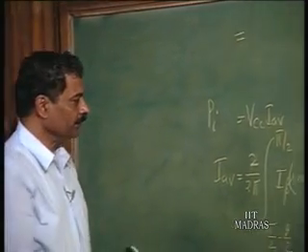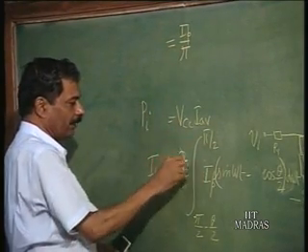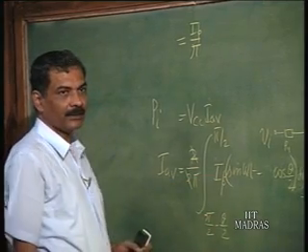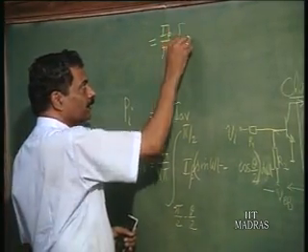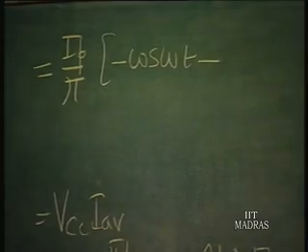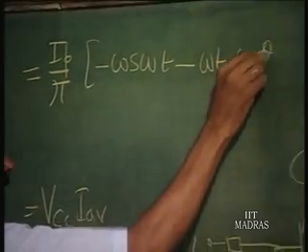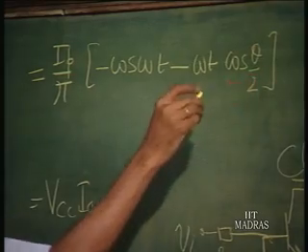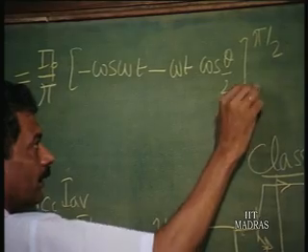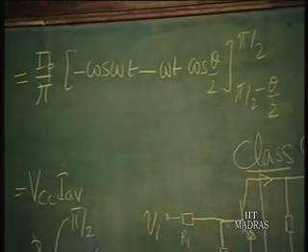So, this is nothing but I p by pi, this I p divided by pi into the integral of sin omega t, which is minus cos omega t, with the limit from, let us say, pi by 2 minus theta by 2 to pi by 2. So, this is the average.